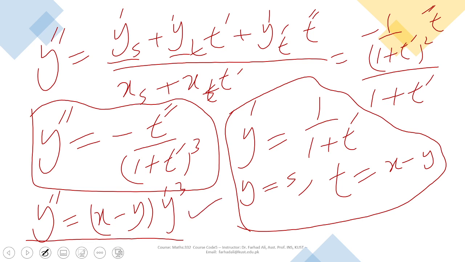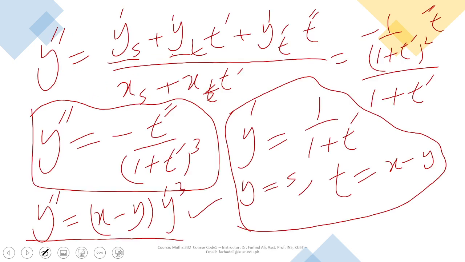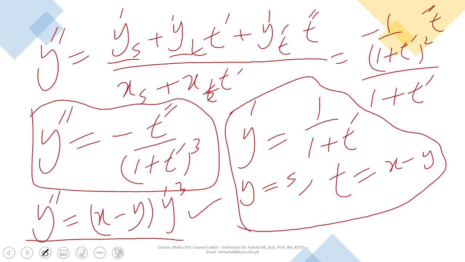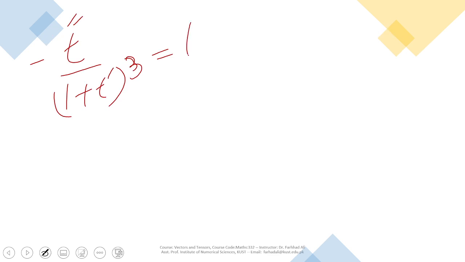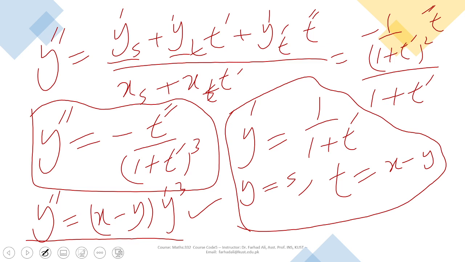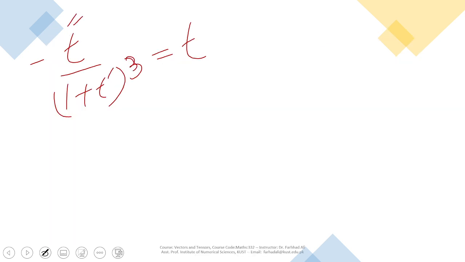Y double dash is minus t double dash over 1 plus t dash whole cube, and x minus y is t, and y dash is 1 over 1 plus t dash, whole cube.